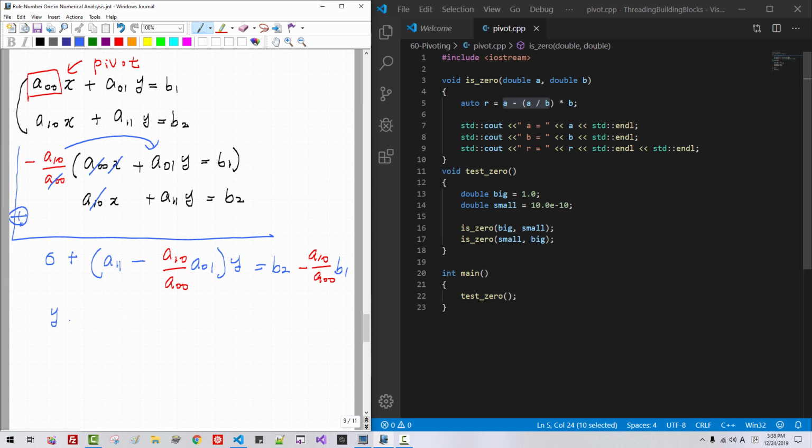So y equals b2 minus a10 over a00 times b1 over a11 minus a10 over a00 a01.